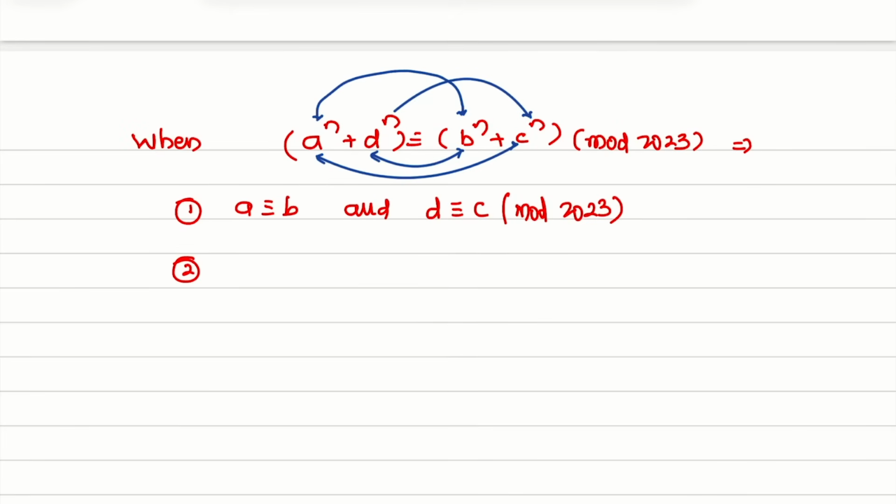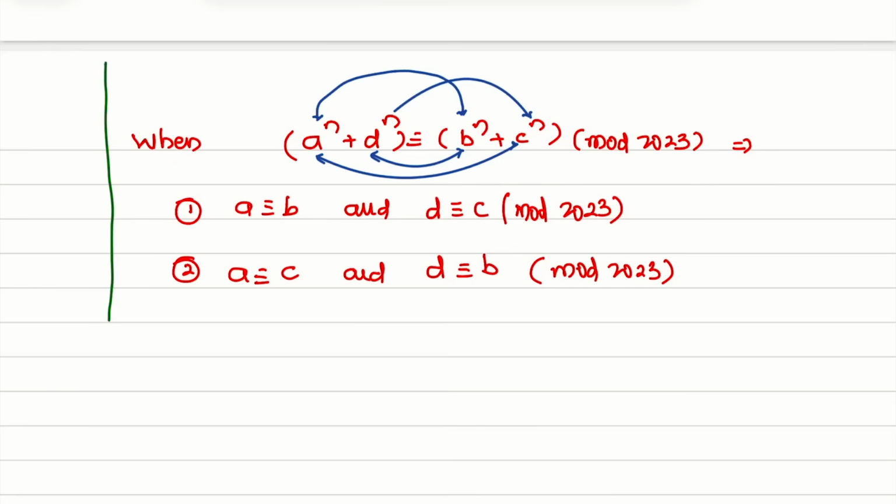This mod will not go. That is A equivalent B, D equivalent C in the first option, and A equivalent C, D equivalent B mod 2023 in the second option. This is also an important concept which you should understand.